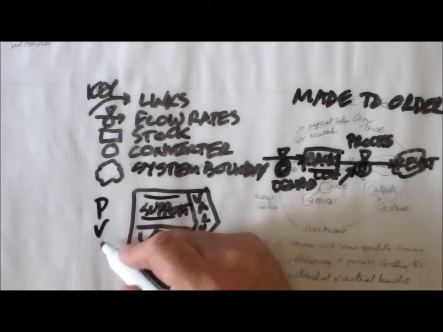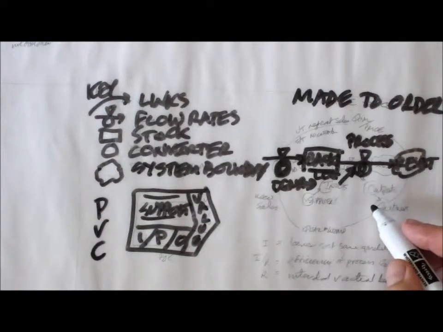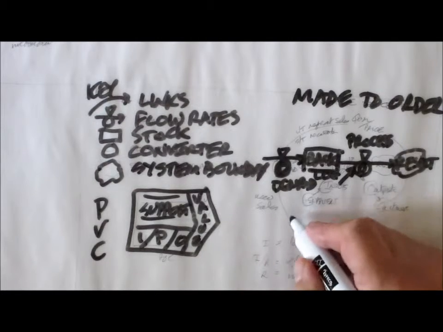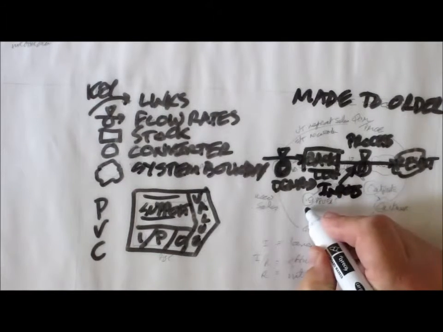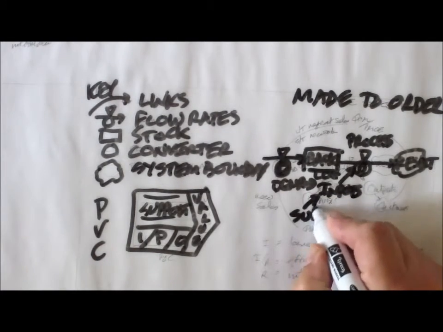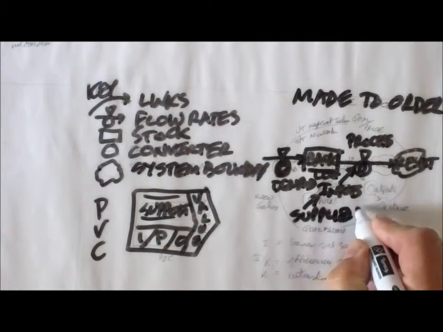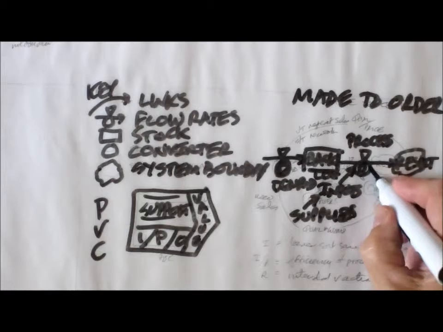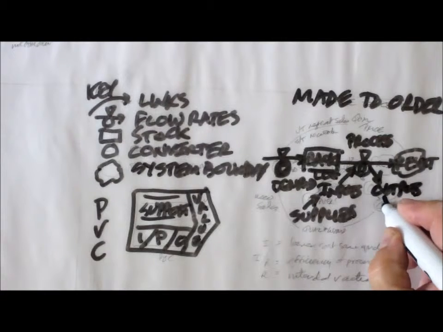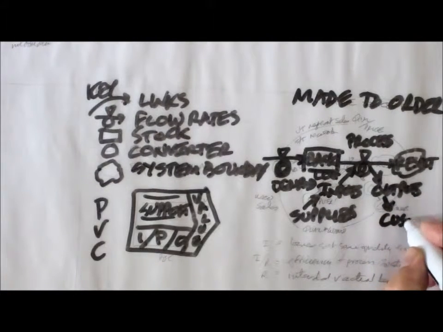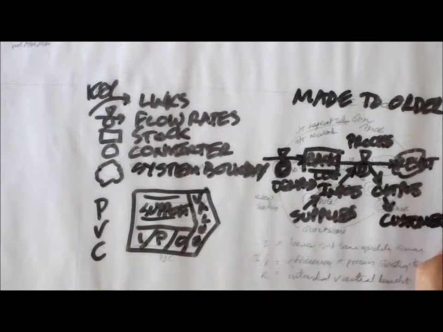That's Porter's value chain, and to supply that we need inputs, and inputs come from suppliers. Equally, we get outputs from the system, and outputs are used by customers. So those are the common terms associated with business models.